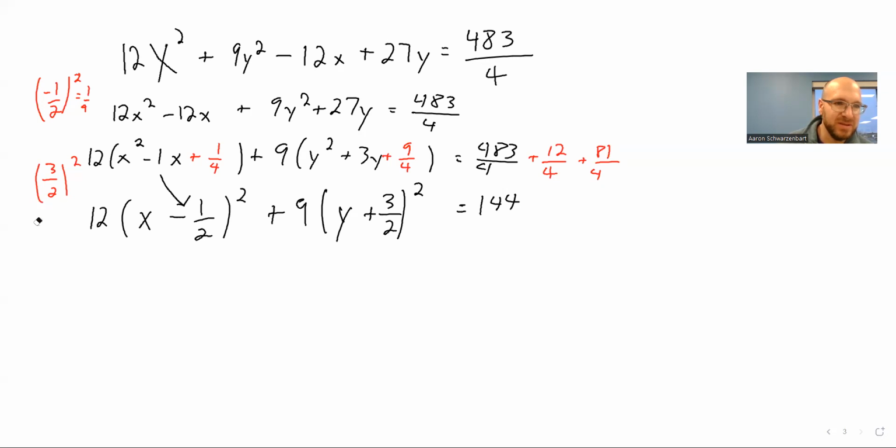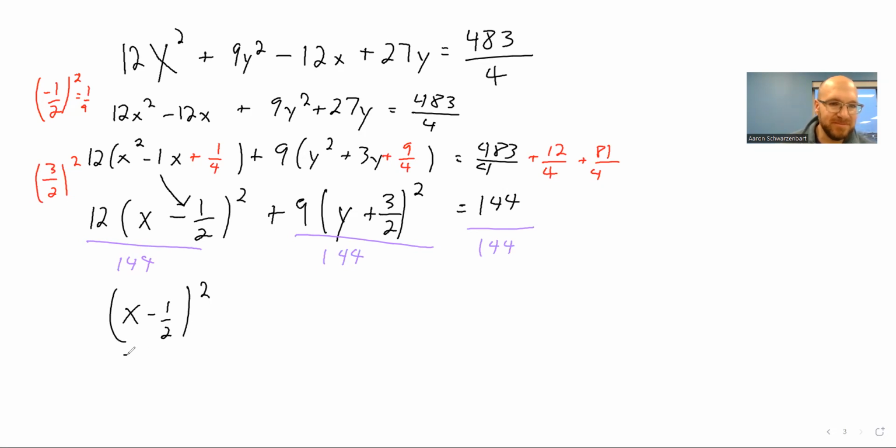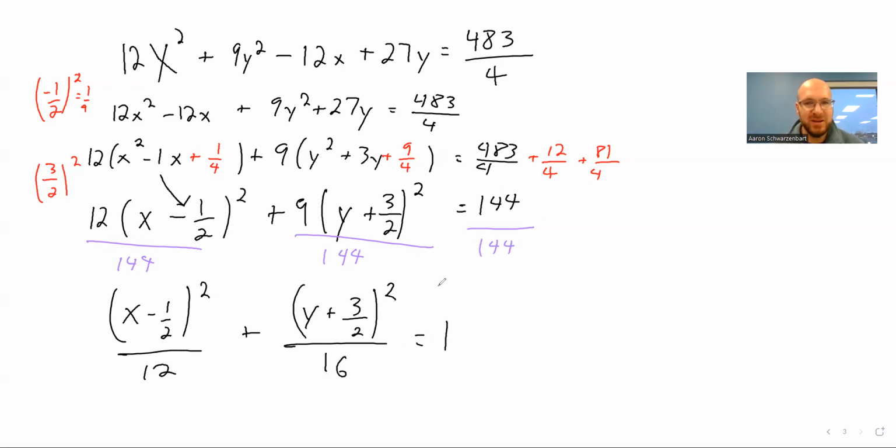Finally, divide by 144 on each side. And I end up with an ellipse with, and a is always the larger one, so a of 4, b of square root of 12, centered at 1/2, -3/2.